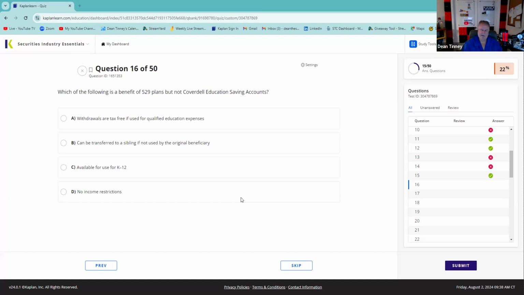By the way, I don't know of any financial institutions that still offer Coverdells, because if you do the bake-off or beauty contest, the 529 is just so much more competitive than a Coverdell. I would yank you into my office as your supervisor and say, you're signing up somebody for a Coverdell? Why would you do that, Allison, knowing that there are 529s available, which are just way more competitive?